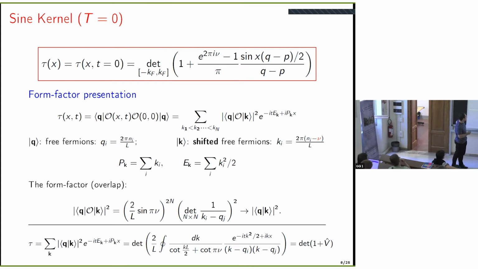Again, I will have my normal fermions and shifted fermions now with parameter nu, and for my operator, I'll just choose this matrix element, which is just some constant and a Cauchy determinant, right? It has some physical interpretation in terms of anyons, but right now it's not important for me.